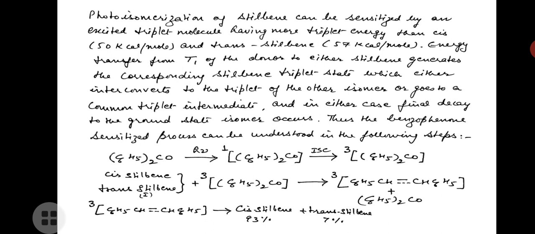Now this triplet excited state of benzophenone transfers energy to the cis-stilbene or trans-stilbene, and the stilbene is converted into triplet state and benzophenone comes to ground state. Now this stilbene triplet state forms cis-stilbene 93% and trans-stilbene 7%.